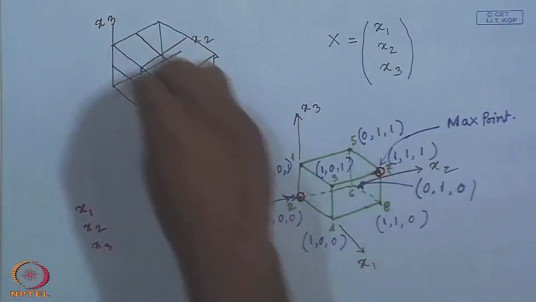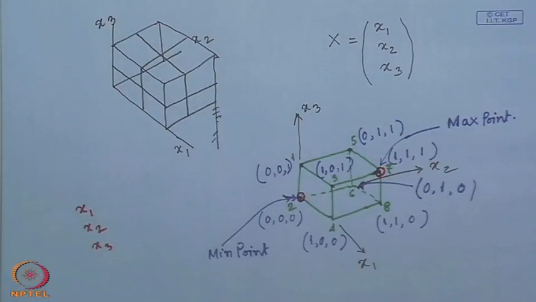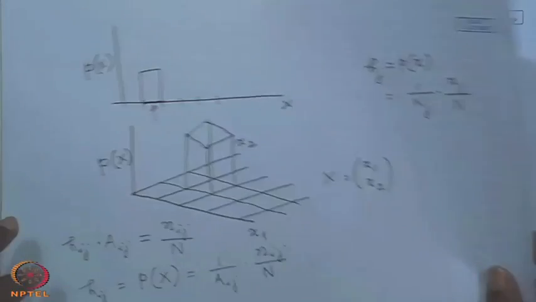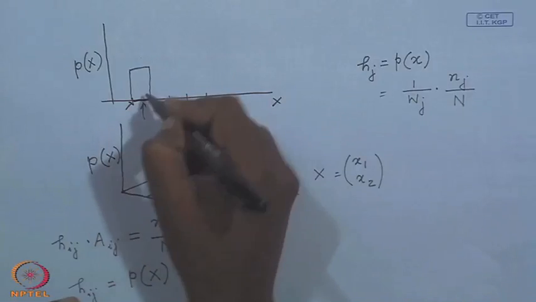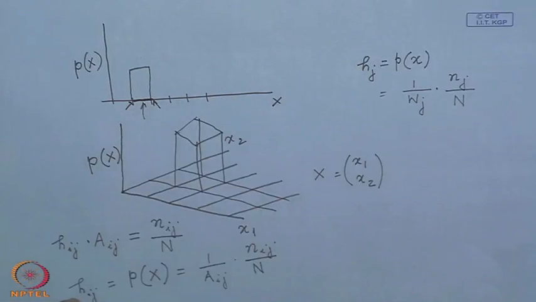So, in the 3-dimensional case, each such volume element is a cell or a bin. Okay. So, to estimate the probability density function in each cell or each bin, I need to find out how many points or how many training vectors are actually falling in the bin. Okay. So, in case of one dimension, you find that I know the minimum boundary of the line segment, I know the maximum boundary of this line segment.